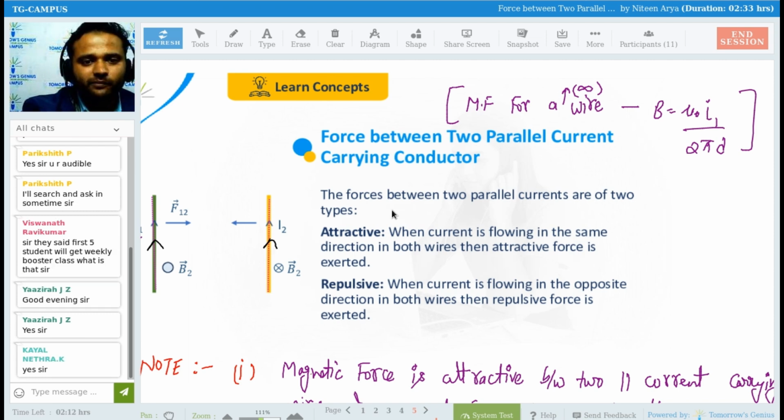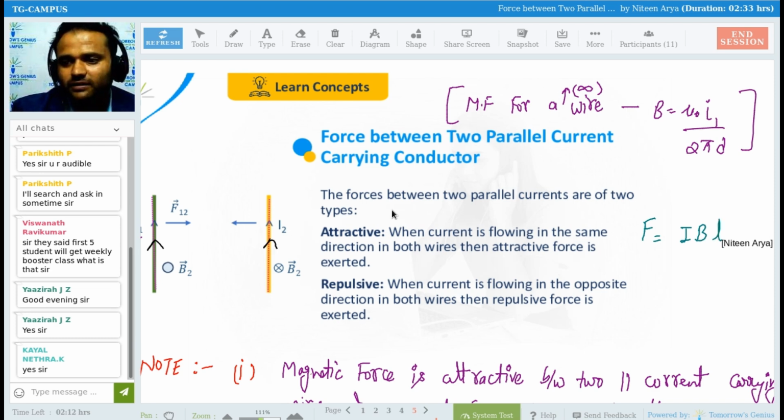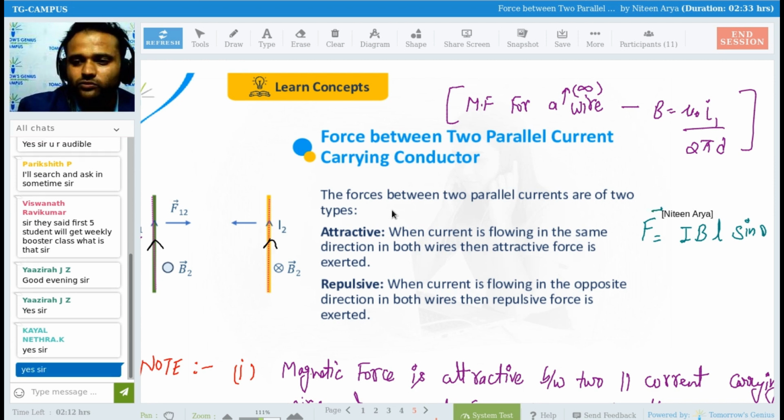And we have one more formula from the previous classes already. That is force, or you can say magnetic force, is I B L sine theta, or in vector form, I L cross B, sine theta n. This is already clear to you guys. We already discussed this in the first classes.